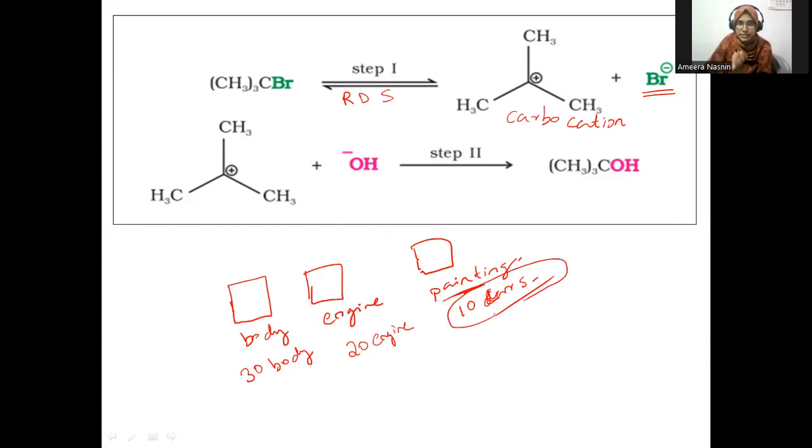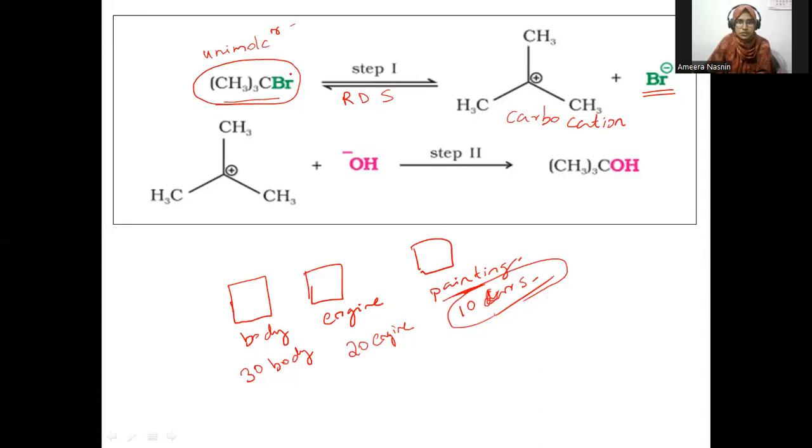In a similar way, whichever step is the slowest will become the rate determining step, no matter how fast the other step is happening. If the first step is slow, that is the rate determining step. In the rate determining step, only one molecule is involved. That is why this reaction is called substitution nucleophilic unimolecular.